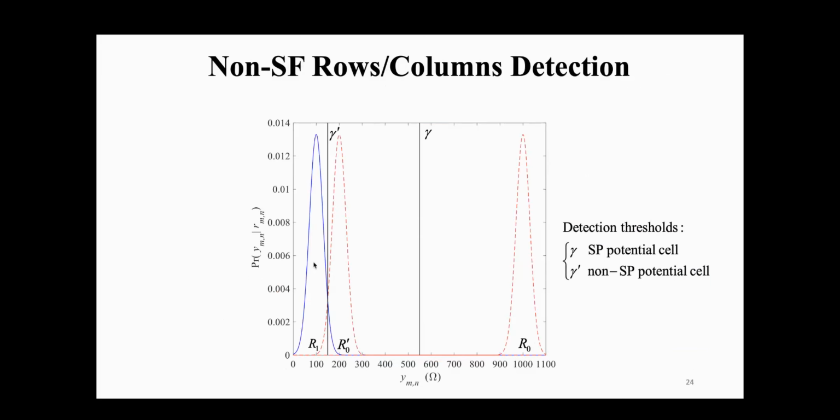Based on the locations of the selector failures and the SF rows and columns, we can detect the sneak path interference of the remaining cells. And the data of the remaining cells can be detected by using a double threshold detection.